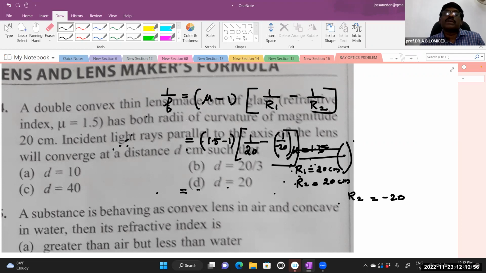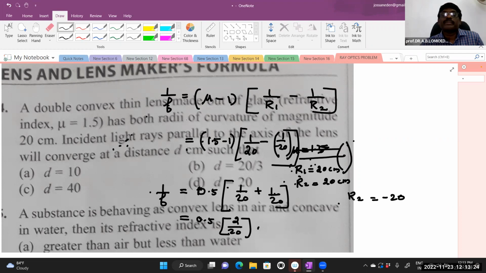Say this one is 1.5 minus 1 is 0.5, times 1 by 20 plus 1 by 20. That is 0.5 times, LCM, 2 divided by 20.